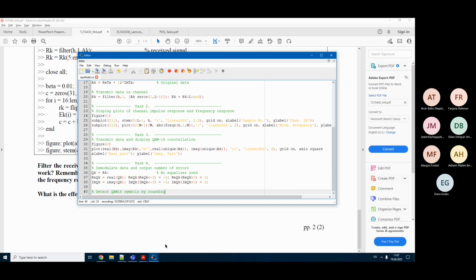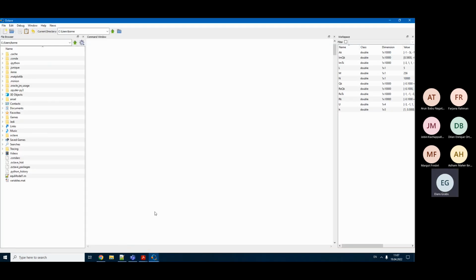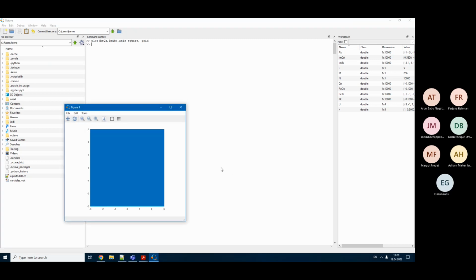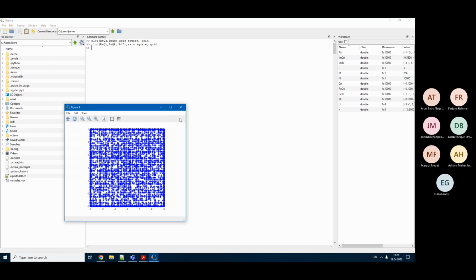Oh, I have closed that plot. Let me actually display it once again. So that is going to be plot real QK, imaginary QK, axis square, and grid. Oh, sorry, I needed dots. Not really dots, but stars. So I can mark here my original points.